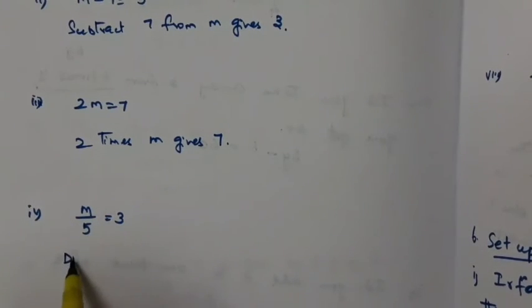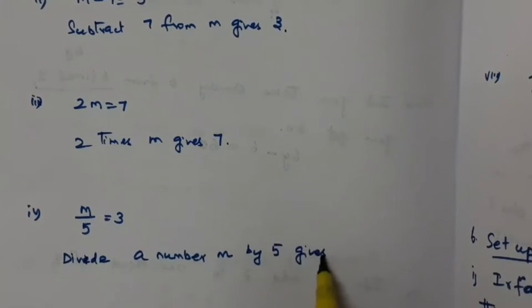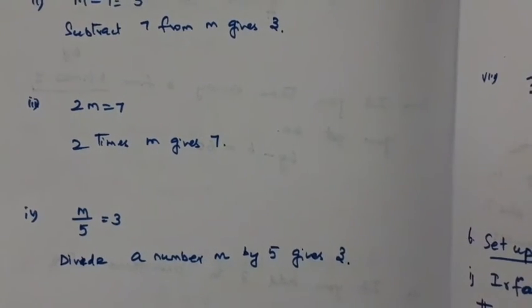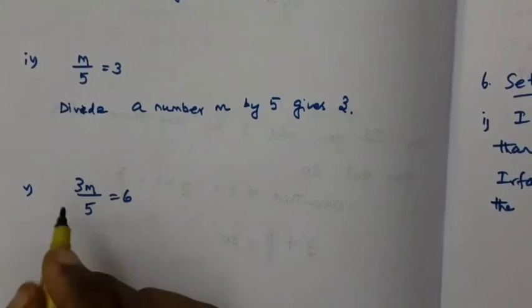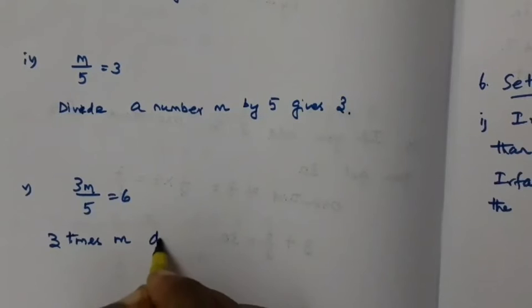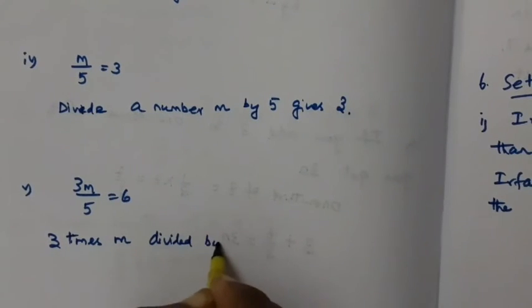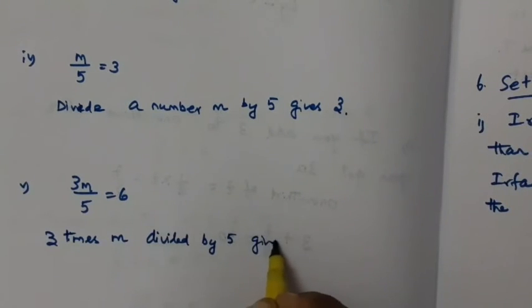So you are dividing m by 5. Divide a number, what is that number? m by 5 gives 3. And next is 3m by 5 gives 6. First you have to write what is this 3m. 3m means 3 times m, divided by 5, so you are dividing 3 times m by 5 gives 6.